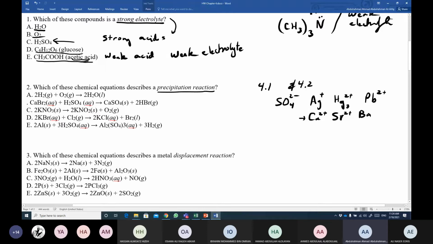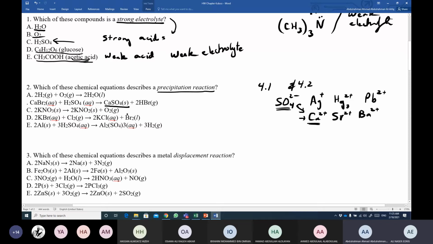Exactly. So if you know this fact, which one is the correct answer? B. Yes, B is the correct answer because calcium will precipitate with SO4. That's why this is the correct answer.